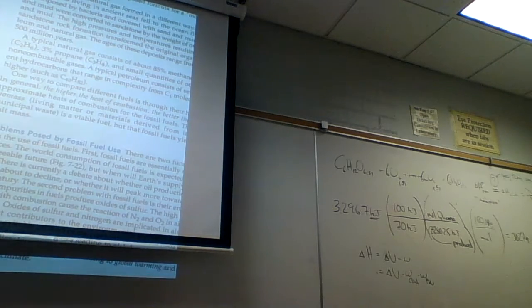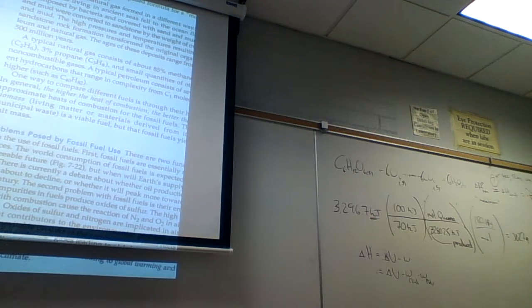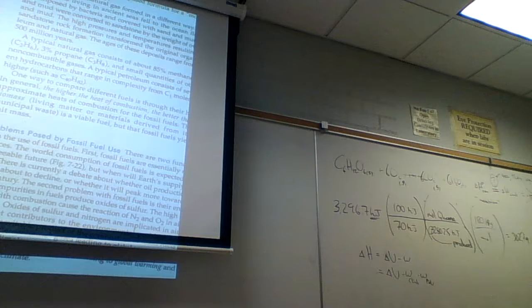Don't quote me on this, but as I recall, there are 11,000 calories per gram of carbohydrate. All the carbohydrates have about the same energy per gram, about 11,000 calories per gram.